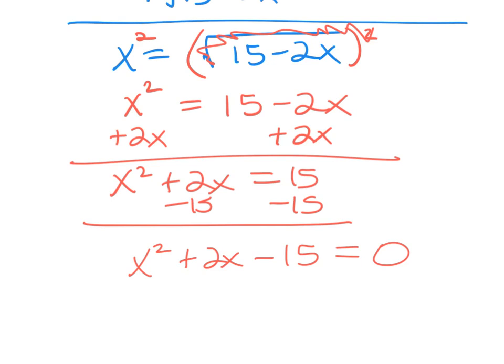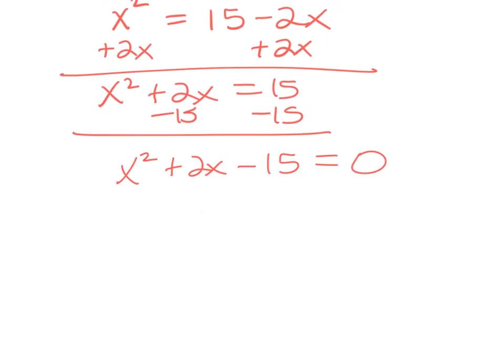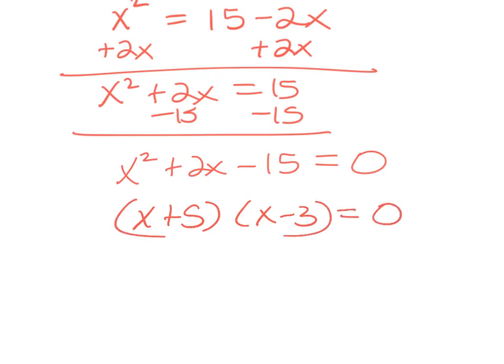This one's nice and easy to factor. Factors of negative 15 that give me positive 2. That's going to be x plus 5 and x minus 3. I now set each factor equal to 0. And I solve for x. Subtract 5.